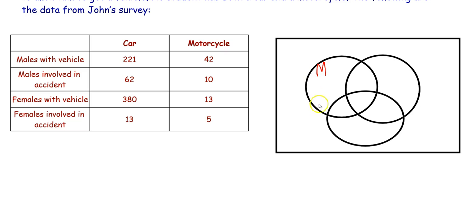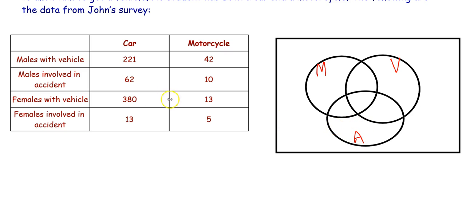This whole circle is representing males, and the second set is representing the number of vehicle owners, and the third set, like I said, the number of people involved in accidents. Right, these are the 3. Male students, car or motorcycle owners in the second set, and in the third, the number of accidents.